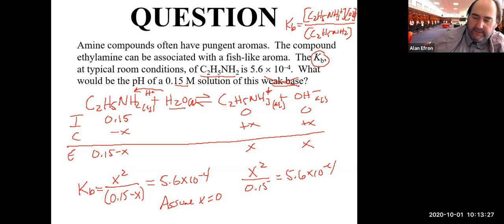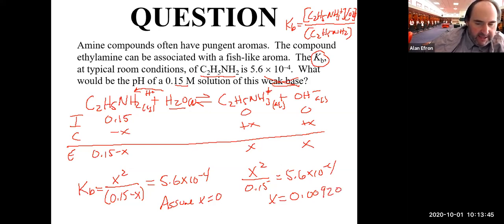And if we do all that there, we do get an x value of 0.00, we'll call it 920.